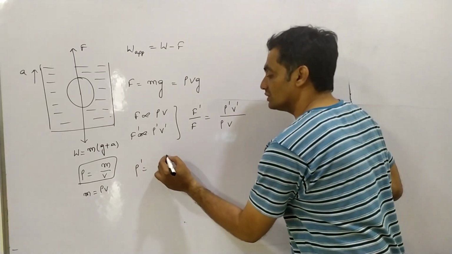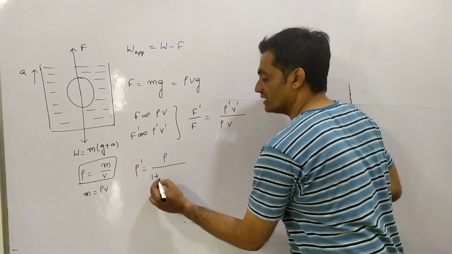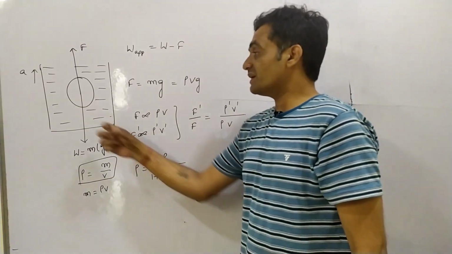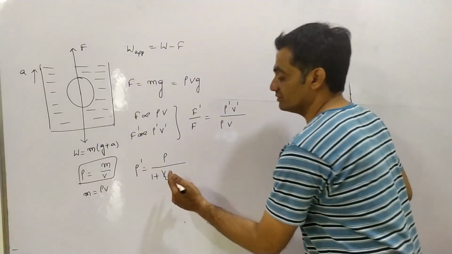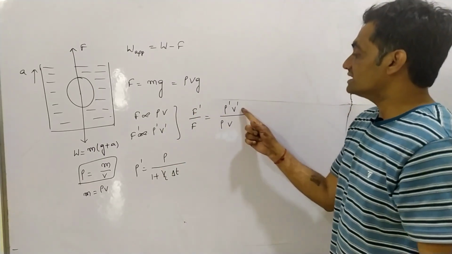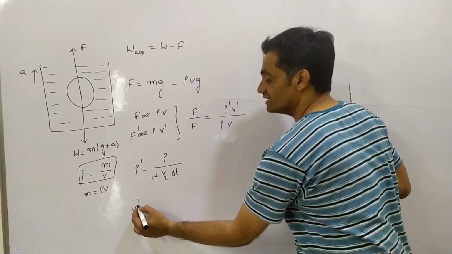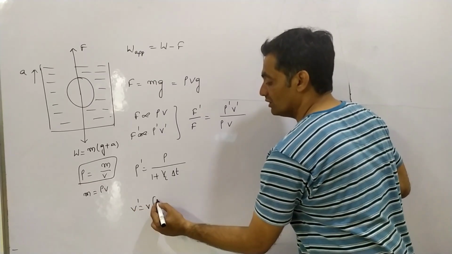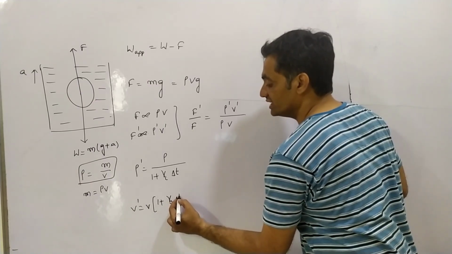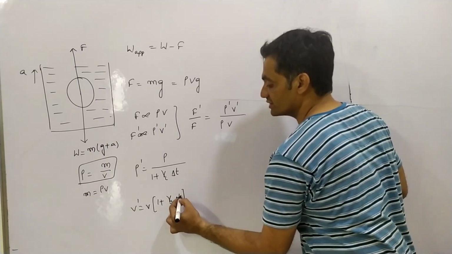Rho dash equals rho by 1 plus gamma L into delta T, where gamma L is the expansion of the liquid due to increase in temperature, whereas V dash equals V into 1 plus gamma S delta T, the expansion of the solid due to increase in temperature.